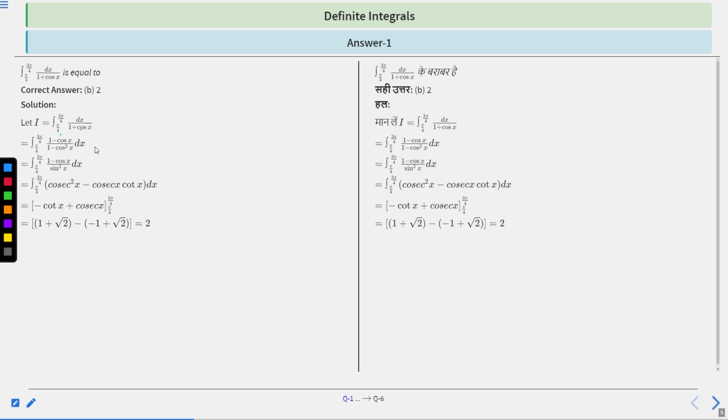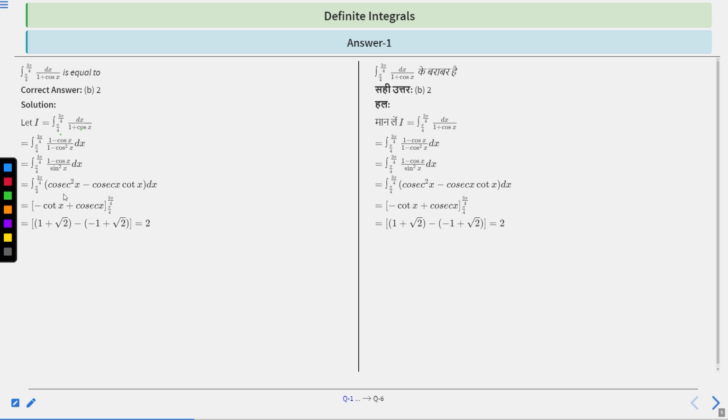Then 1 minus cos square x can be written as sin square x. Therefore, the integral of (1 minus cos x) dx upon sin square x is equal to the integral of 1 by sin square x, which is cosec square x, minus cos x upon sin square x, which is basically cosec x cot x, dx.